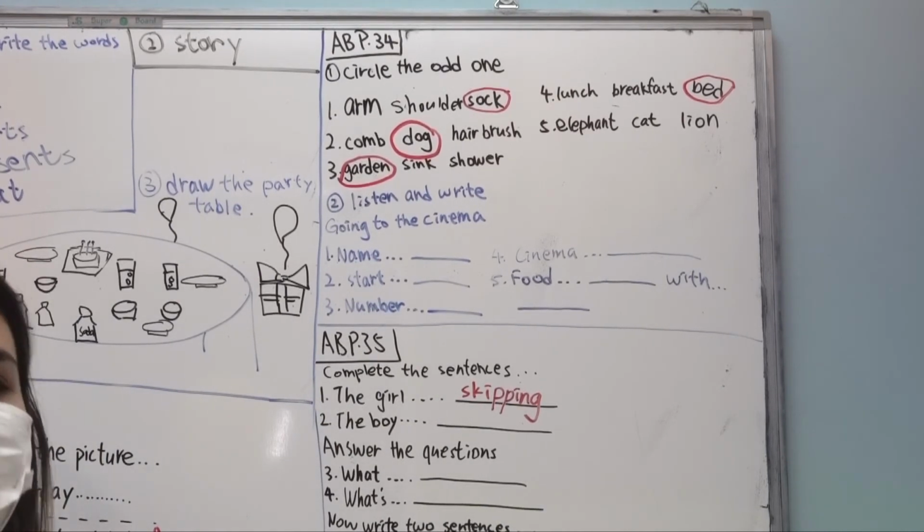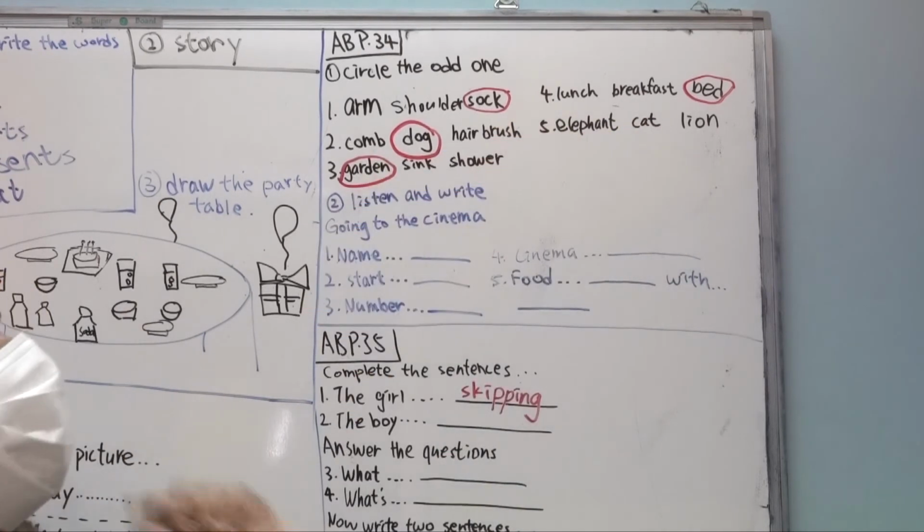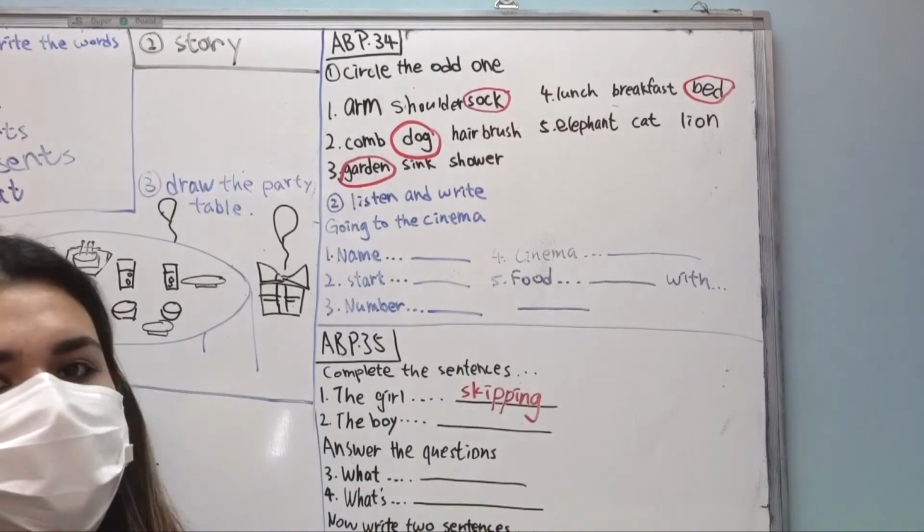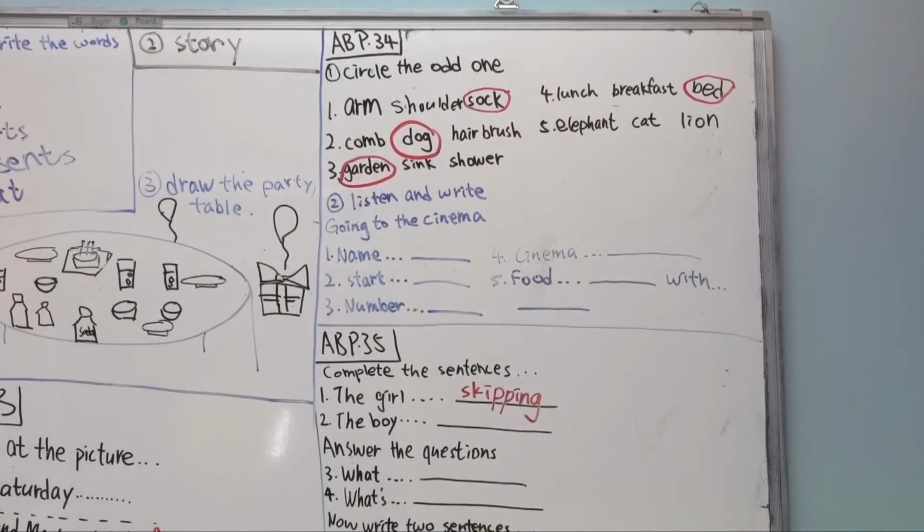We can sleep on our bed, right? But we can't eat bed. So bed is the odd one. Number 5. Elephant, cat, and lion. Which one is the odd one? That should be cat.